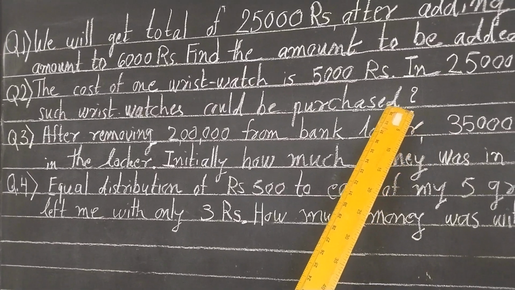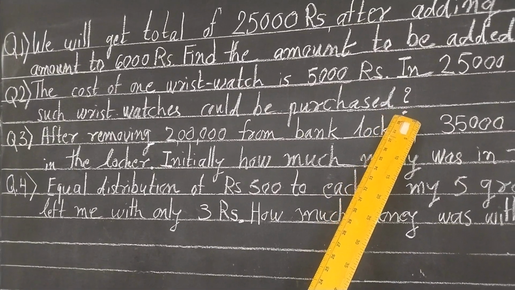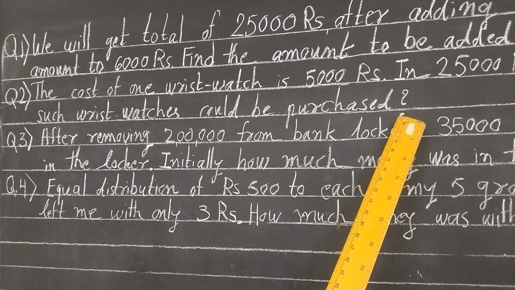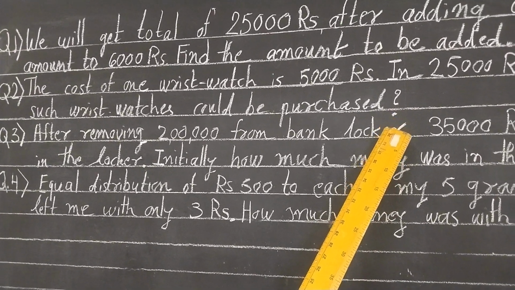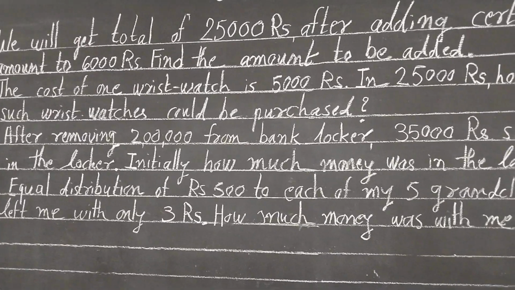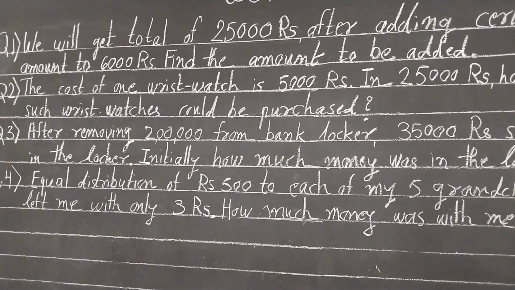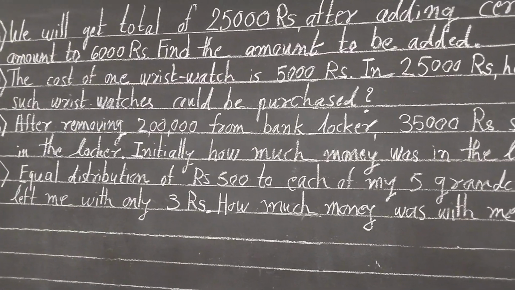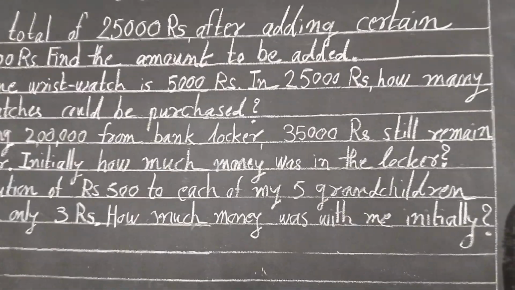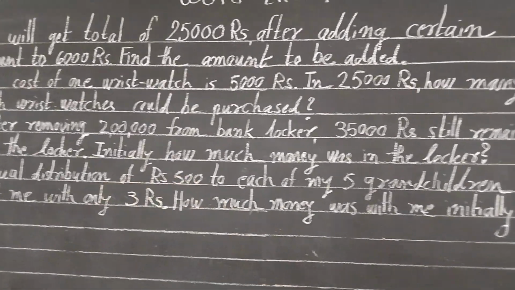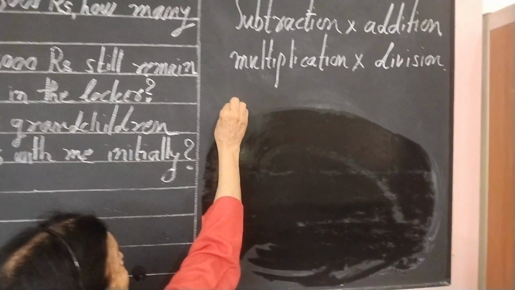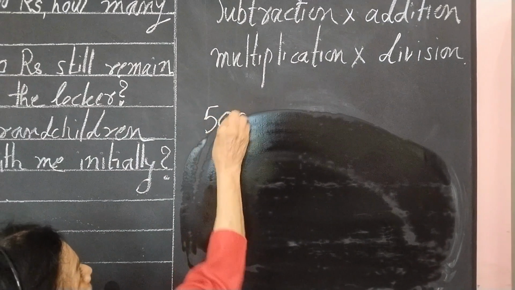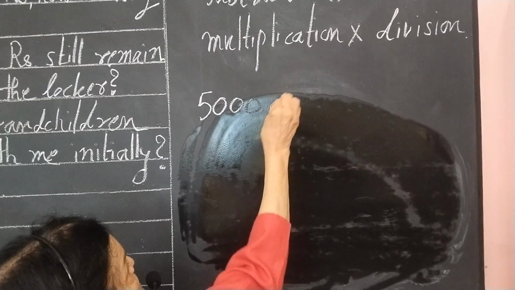Now let us run our common sense and imagination. Our common sense plus imagination says that here the cost of one wristwatch is given and that is 5,000 rupees. 5,000 is the cost of one.